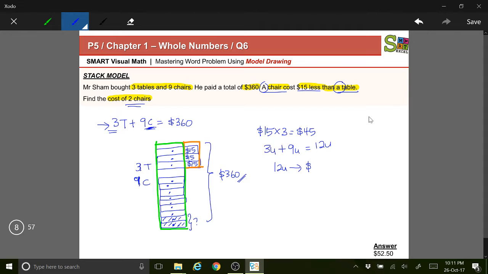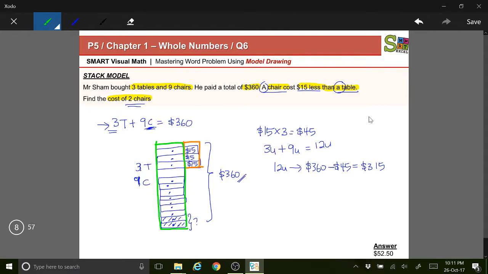Of the 360, we minus off these 15 parts, the $45. That gives us 315. The green portion here is 315.